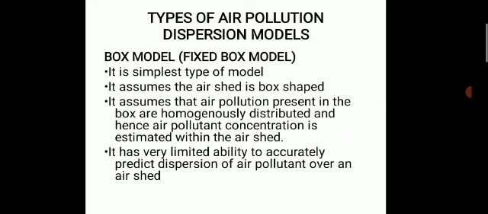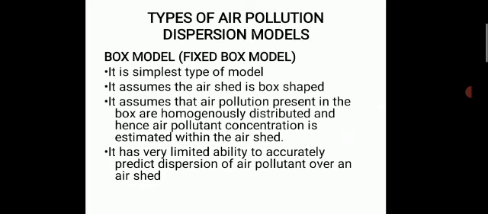Types of air pollution dispersion models. The first one is the box model, which is otherwise called the fixed box model. It is the simplest type of model.